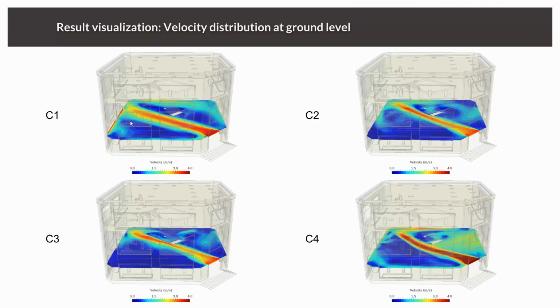So everything which is dark blue is fine, and then it becomes critical. Here you can see that for all configurations you have a long axis with a very strong draft. Since this is the main corridor of the building, here you will have a lot of discomfort, and this is something you need to think about.